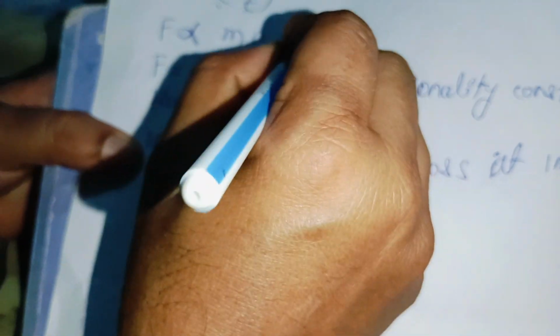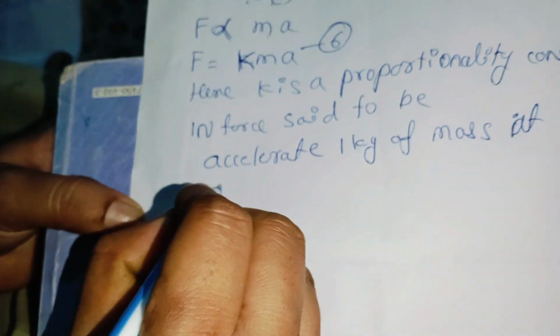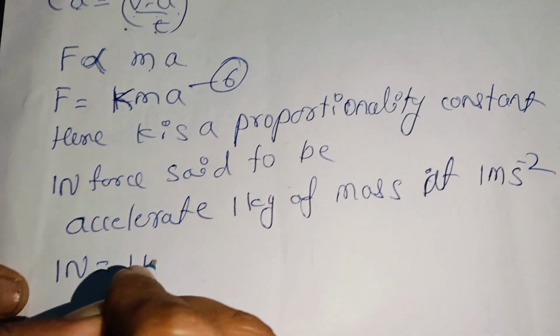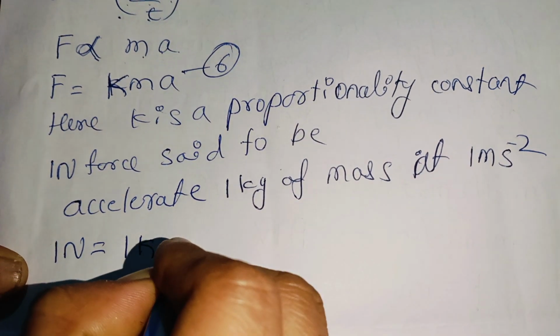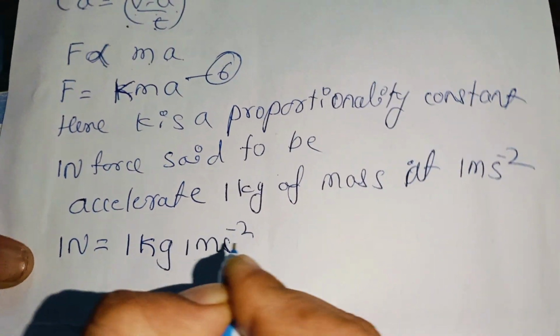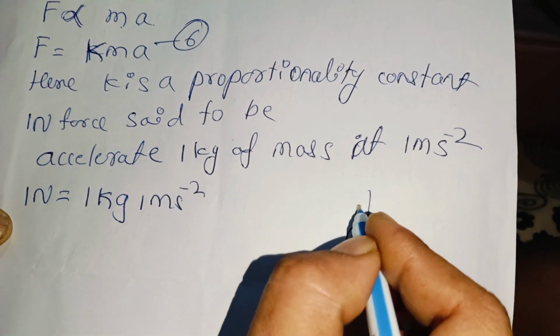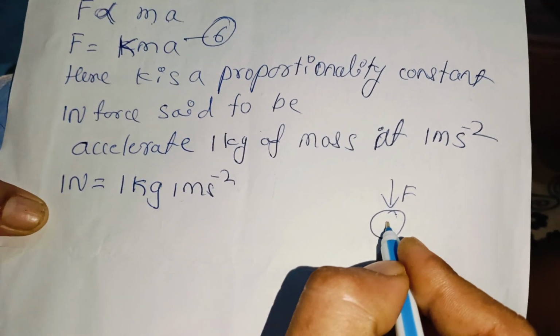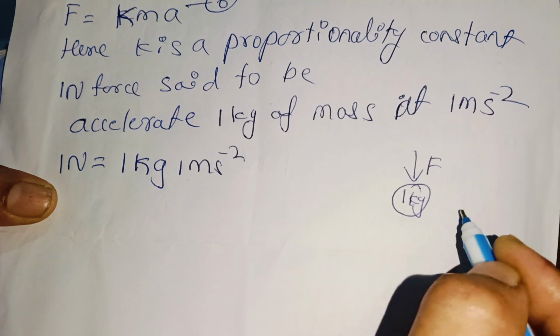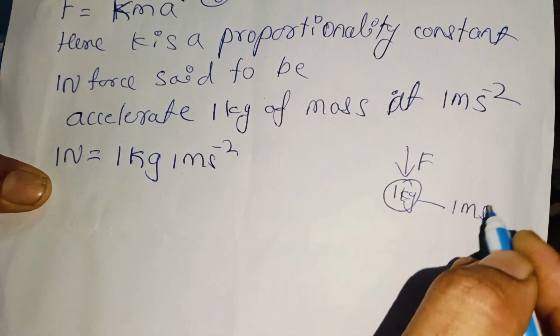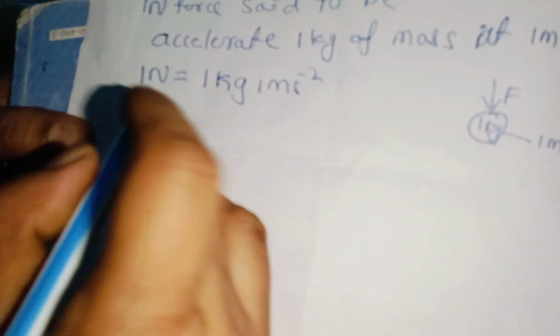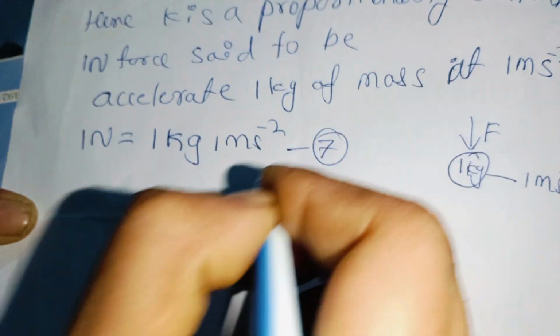This is called equation number 6. 1 Newton is said to accelerate an object of 1 kg at 1 meter per second square. When 1 Newton of force is applied, this object of 1 kg mass accelerates at 1 meter per second square. This is called equation number 7.